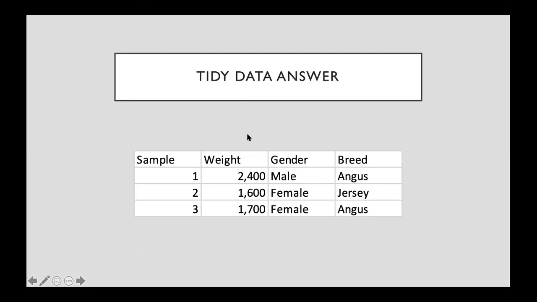It doesn't really matter in which order you listed your variables, but make sure that the variables are listed as columns, like weight, gender, breed, sample names, and that each of your observations, which in this case were our samples, are listed as your rows. If you have any further questions about this, you can put it in the chat, you can message one of the helpers, or we can talk about this at the end.